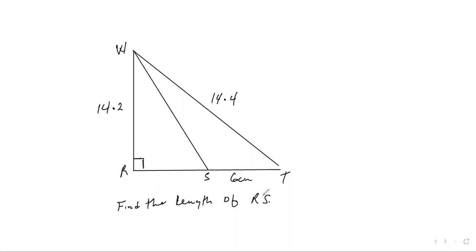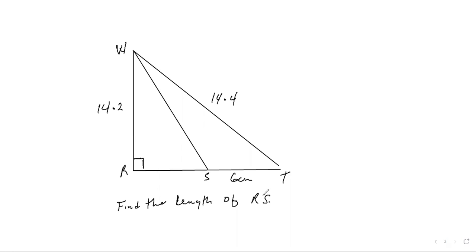Sir, I'm not sure, but would you find WS first? WS. No, but can we find WS? Remember that thing? Is the WS part a right angle triangle? Okay. How many right angle triangles do I have?